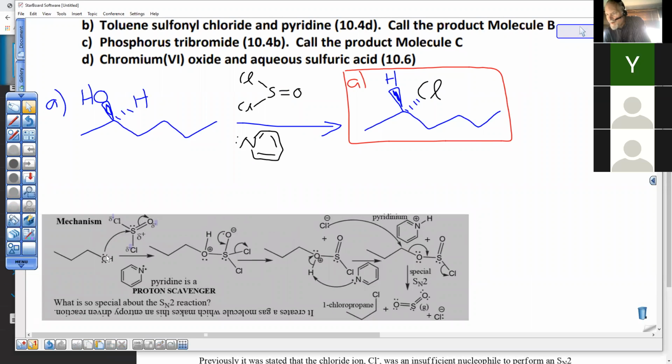It says a lone pair on an alcohol attacks the sulfur and the pi bond breaks and becomes a lone pair. So let's do that. Lone pair on the alcohol, we've got to put one. You don't need both, just the one you're using in the mechanism. It attacks the sulfur and a pi bond breaks, right there.